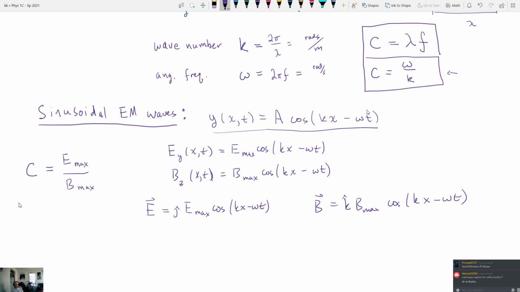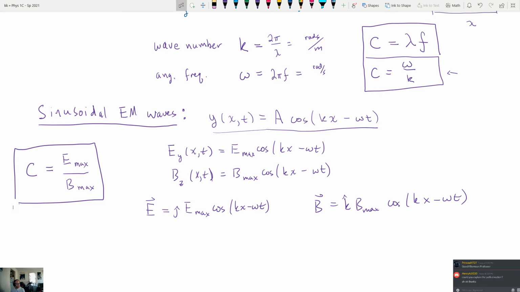This is one of the things I noticed when I was going back through the notes that I forgot to say, but the speed of light c is equal to this ratio. If you'll remember, way back in the chapter on magnetism, when we first talked about the velocity selector, we realized that the ratio of the electric field divided by the magnetic field gives you velocity. So that's part of where that comes from.